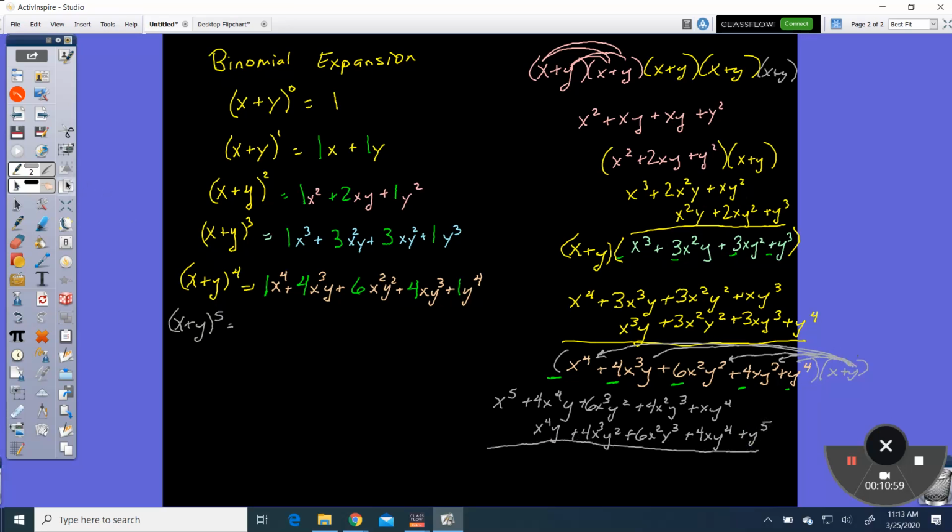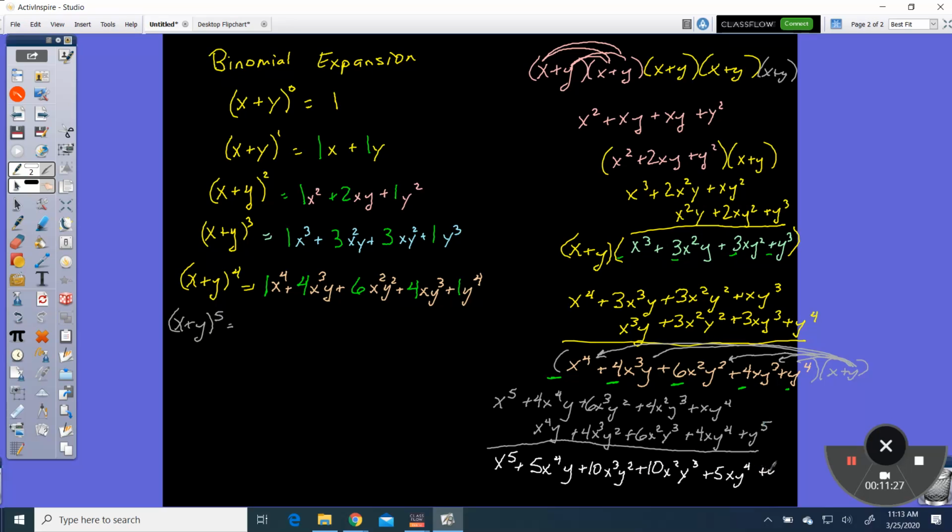So now if I add those all together, I get x to the fifth plus 5x fourth y plus 10x cubed y squared plus, 4 and 6 make 10 of these, plus 10x squared y cubed. 1 plus 4 makes 5 of those, plus 5xy to the fourth.